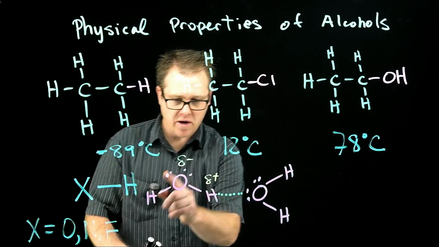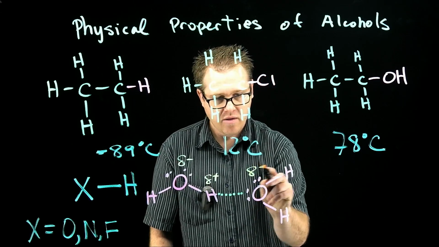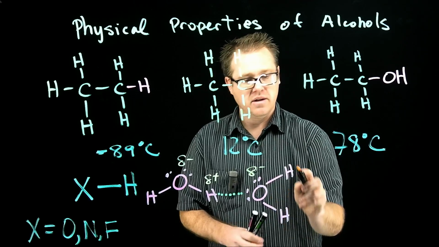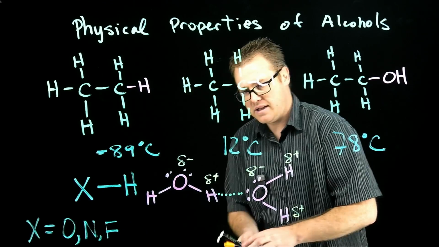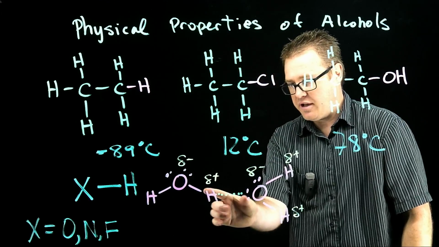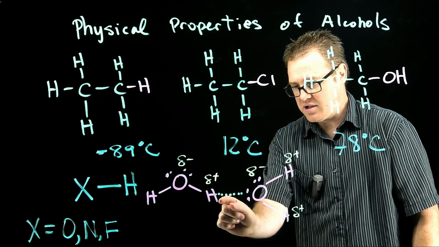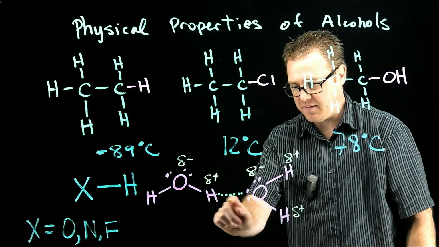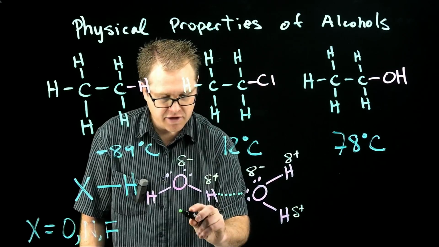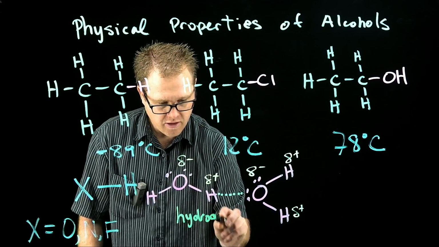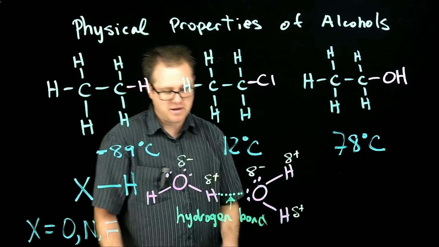And so when this water molecule gets close to another water molecule, we have a partial negative on that oxygen and a partial positive on these hydrogens right there. So what we have here is an interaction between a partially positive and a partially negative charge. And that's represented by that dotted line right there, the green dots. That is the hydrogen bond.